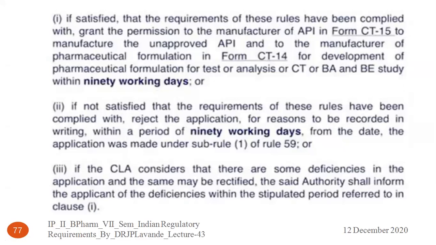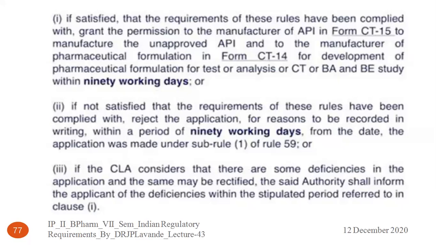Once the applicant applies in order to get approval to manufacture a new drug or the investigational new drug for the process of clinical trial, BA study, test analysis, and examination: if it is the case of unapproved API, the application is to be made in Form CT13, and for pharmaceutical formulation of unapproved API, the application is to be made in Form CT12.